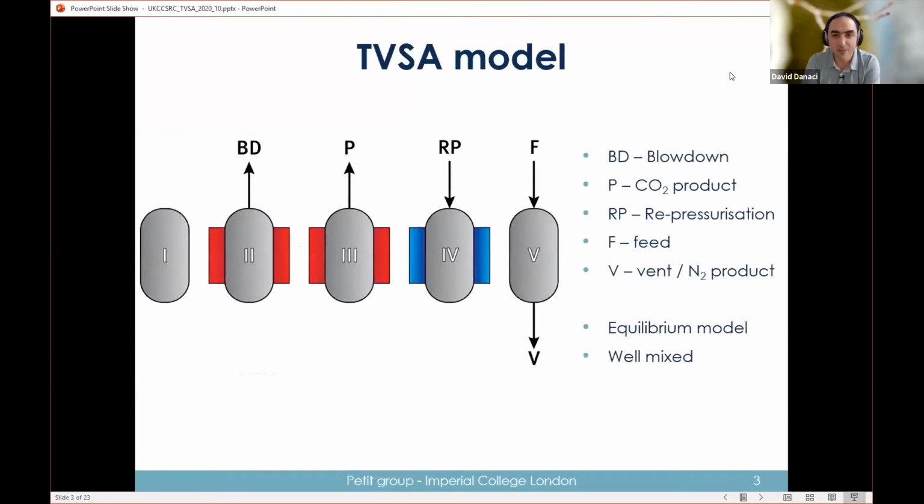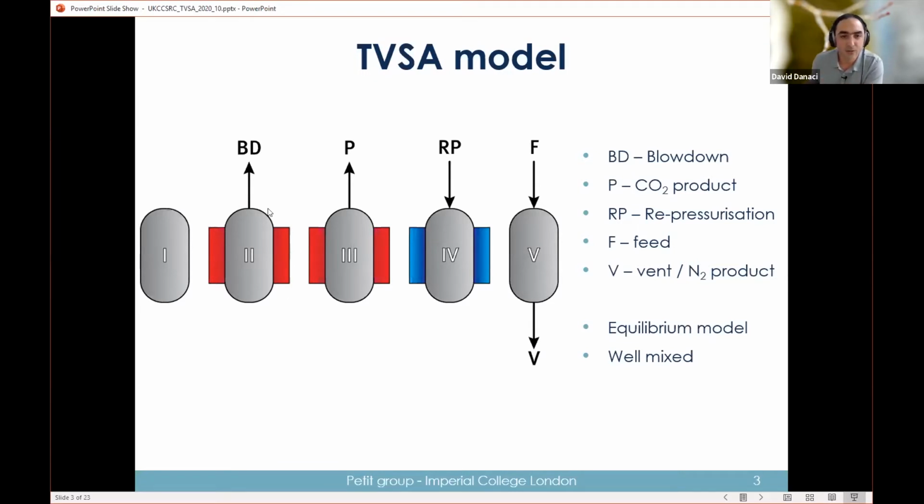To do that, we developed a TVSA model, temperature vacuum swing adsorption, composed of these cyclic steps. This is a general flowchart of the model. In the first step, the bed is saturated at the feed conditions. If that's 4% CO2 at 40 degrees C, the bed is assumed to be saturated at those conditions.